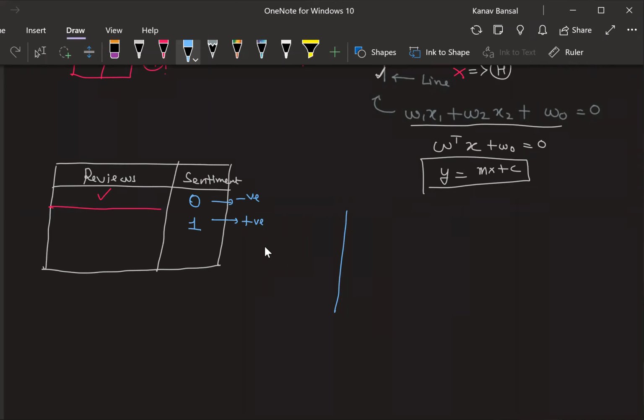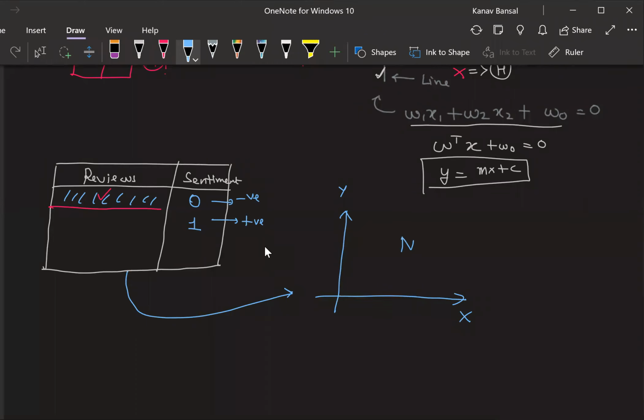Now, if I try to plot this entire data on this XY coordinate, is it really possible to plot the text data, an entire review, on this? It can be a very big review. So is it really possible to plot this thing on this axis?